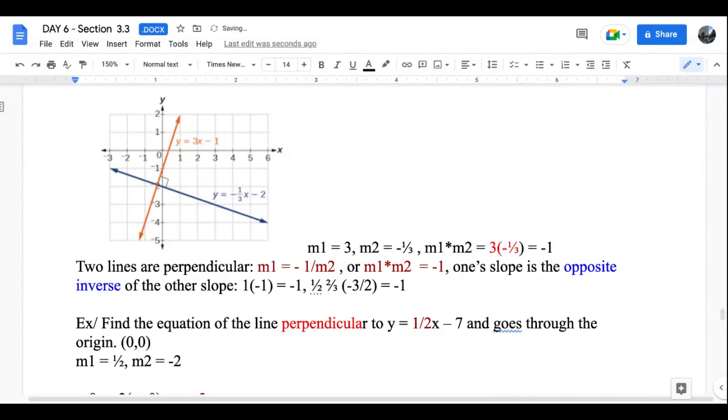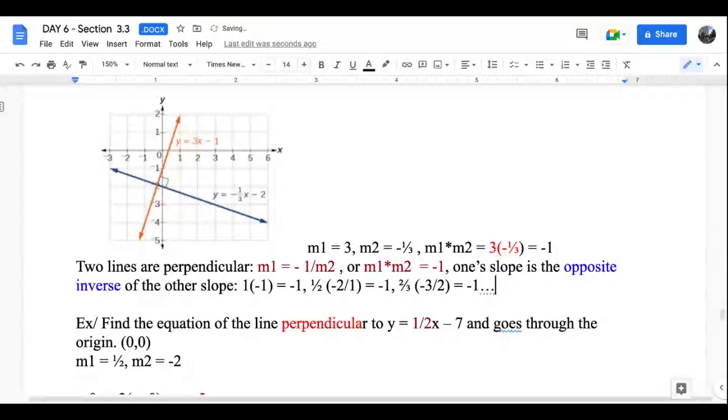If one is a half, then the other has to be -2 over 1, which is just -2. If one slope is 2 over 3, then the other has to be negative 3 over 2: opposite sign, and flip the numerator and denominator. If we multiply those numbers, we get -1, and so on.